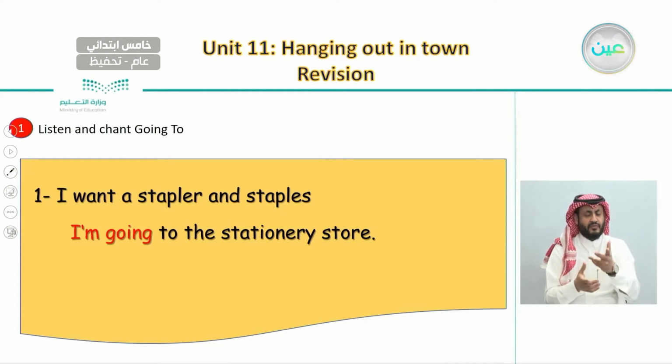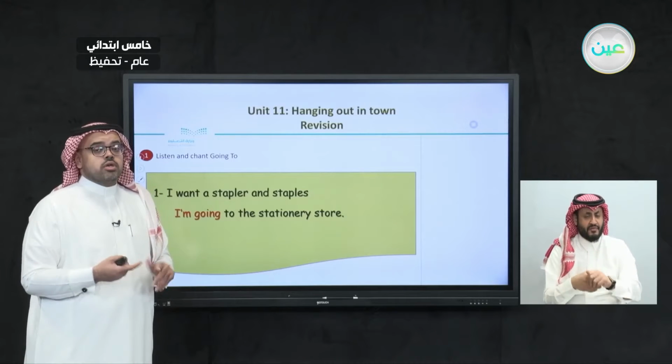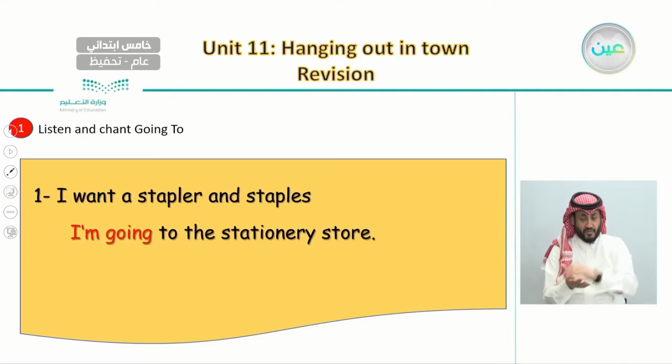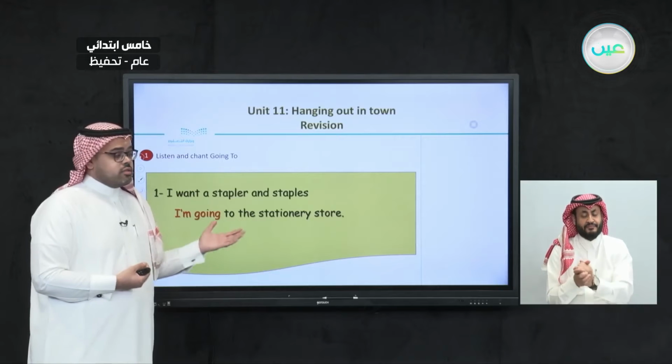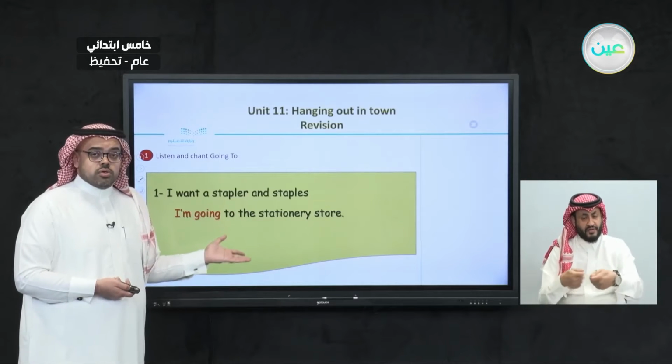So, if I want staplers and staples, then I am going to the stationery store. I am going to the stationery store because I want staplers, I want staples. So, in this case, I am going to the stationery store.